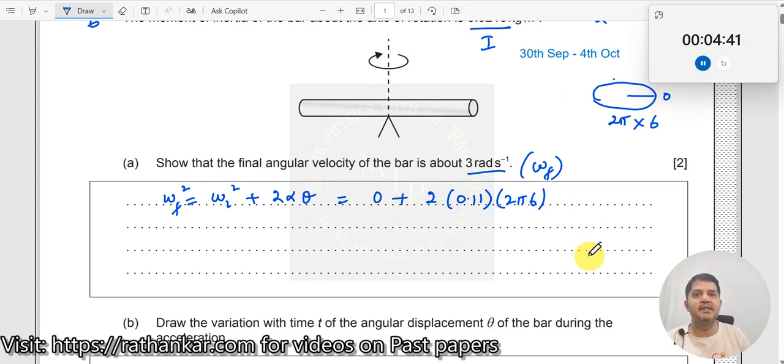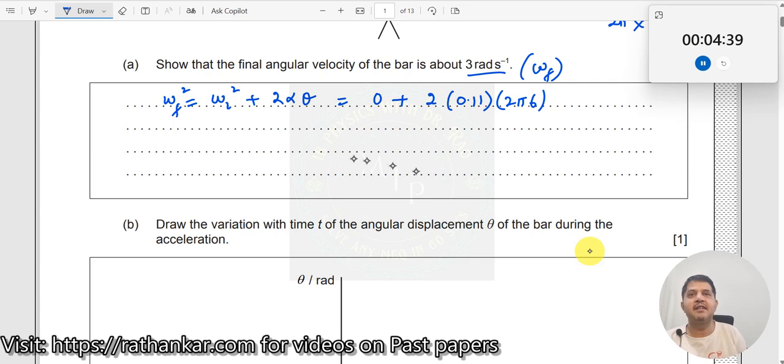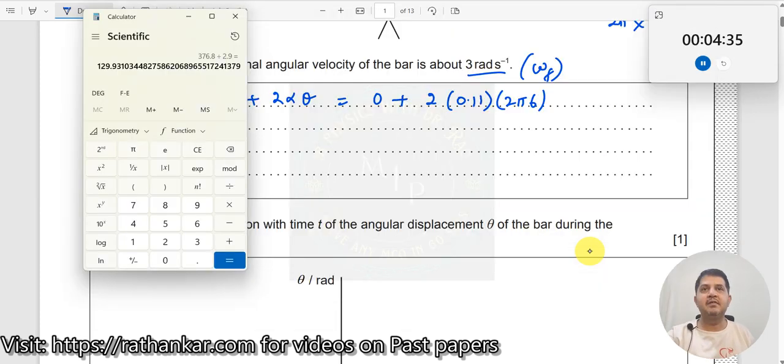When I do this, let me see what answer we get here. Using my calculator, 2 times 0.11 times 2 times 3.14 times 6 is equal to 8.184.